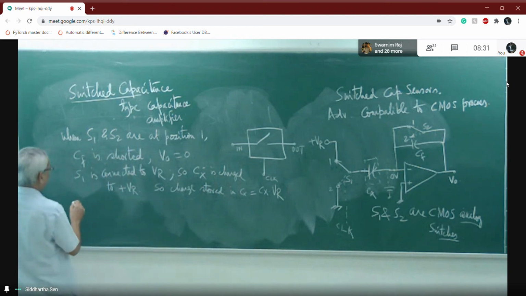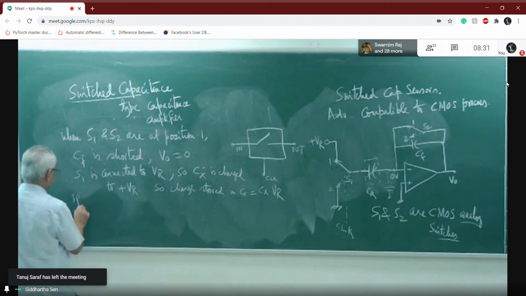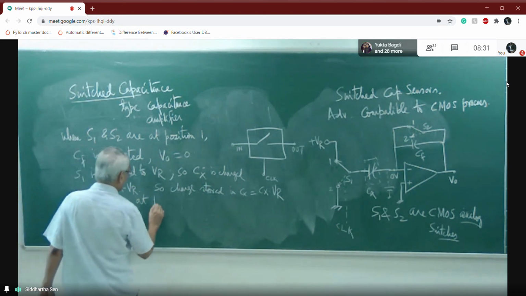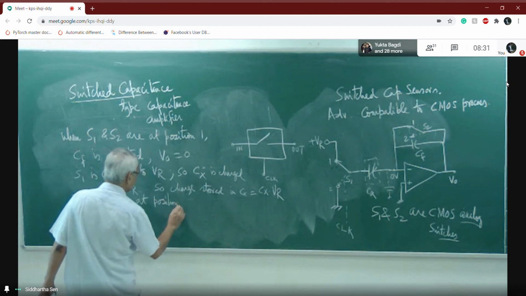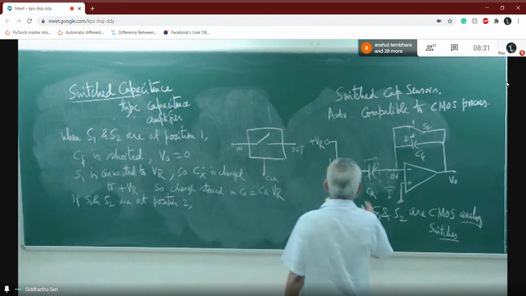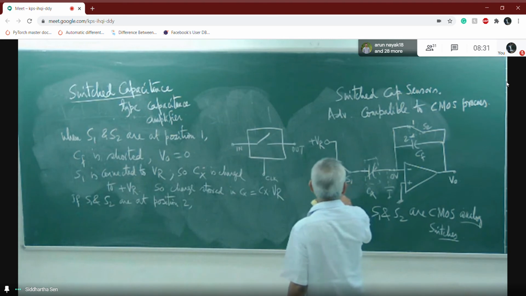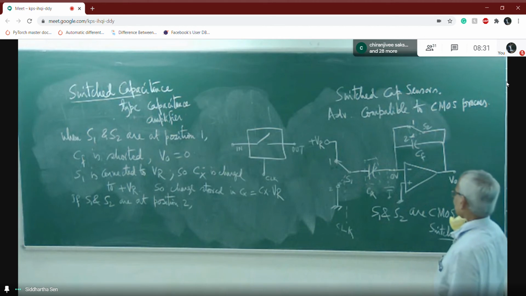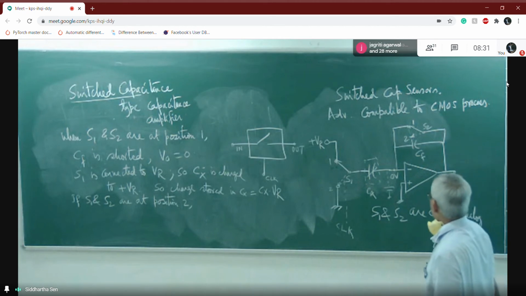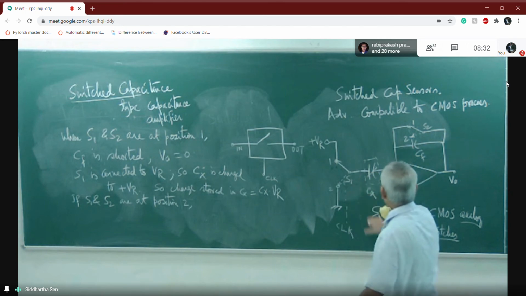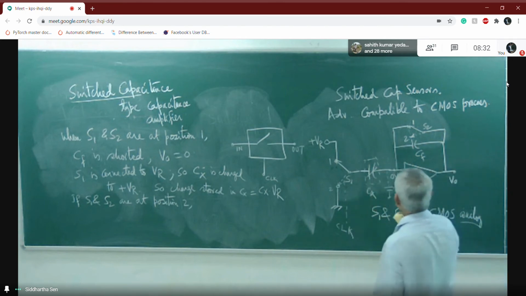Now, if S1 and S2 are at position 2, what will happen? This point is grounded, left hand side, right hand side is also grounded. So definitely both the points cannot hold charge because two terminals of the capacitance are shorted.